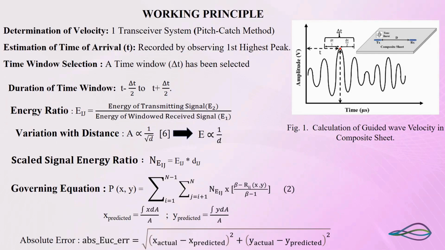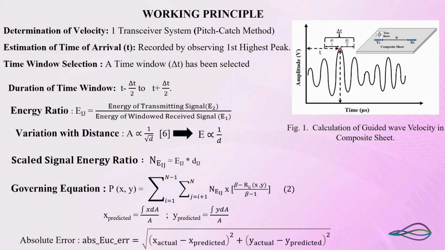So we scale the signal energy ratio by a factor of the distance d, which is the path the signal has traveled. With this scaled energy ratio term, which corresponds to our governing equation 2, we incorporate it in E_ij in that equation, and the remaining part remains the same.